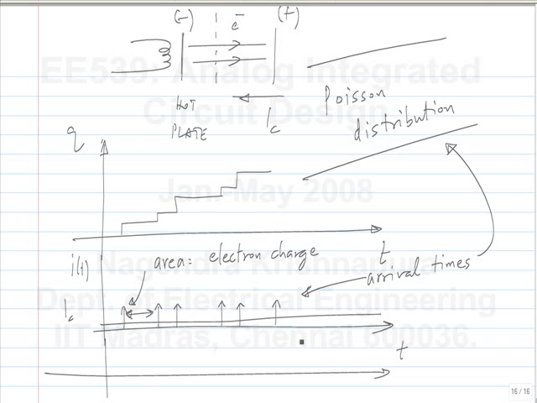So this is the noise, and it turns out that if you evaluate the spectral density of this from the Poisson distribution, it turns out to be 2 times the unit charge times the average current.